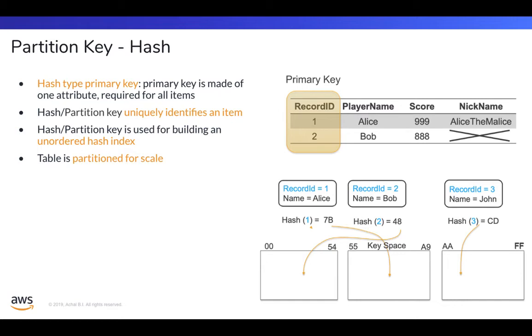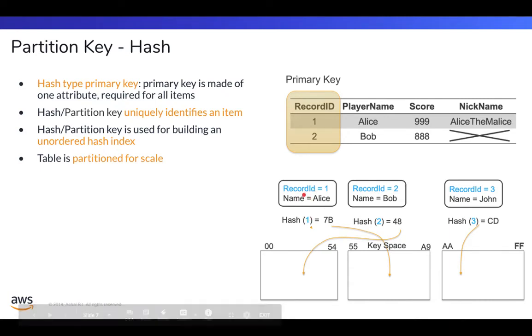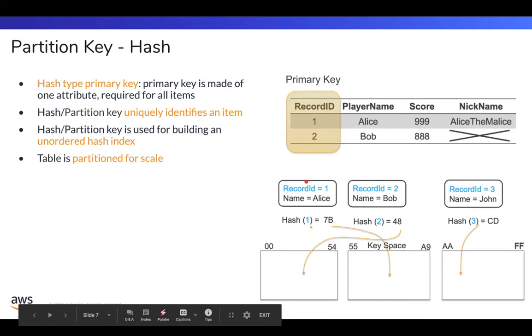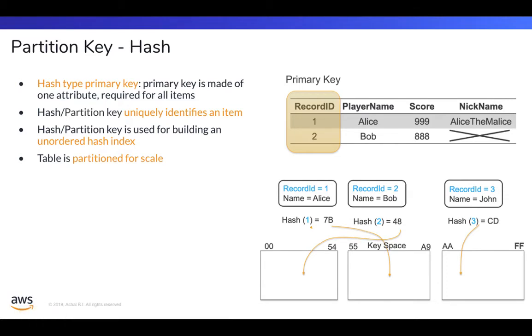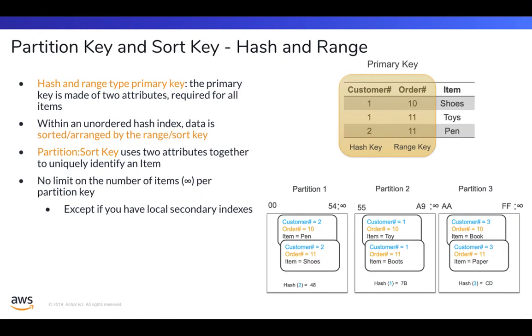Also note that the primary key cannot be changed or modified. Once these items are put inside the buckets, they begin to grow inside the partition, and they can be ordered only using the sort key. So let's see how it's done.